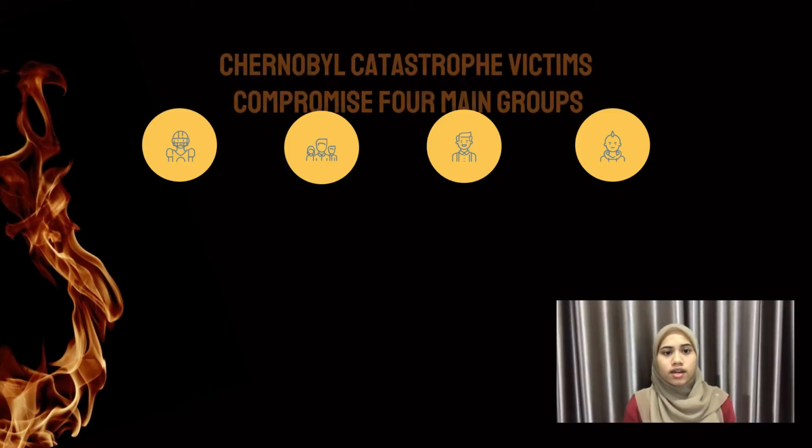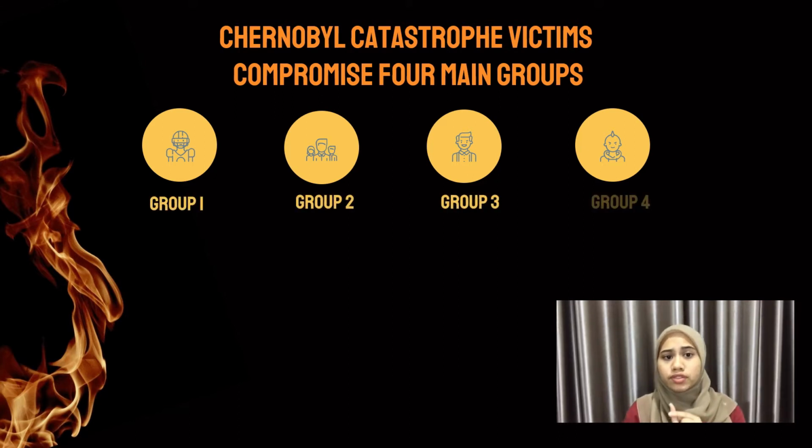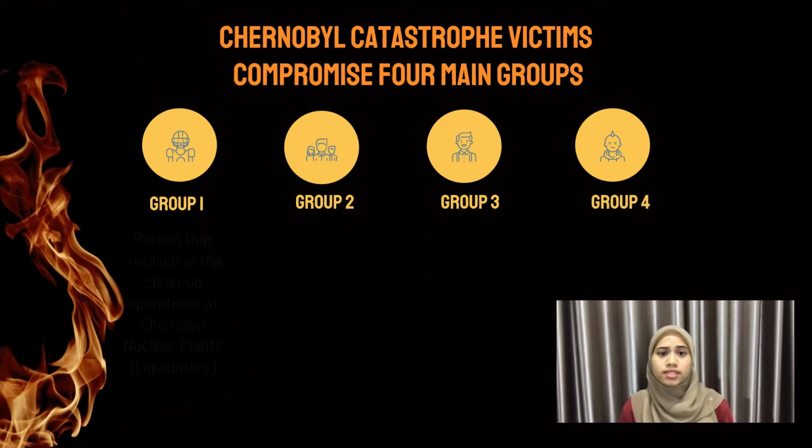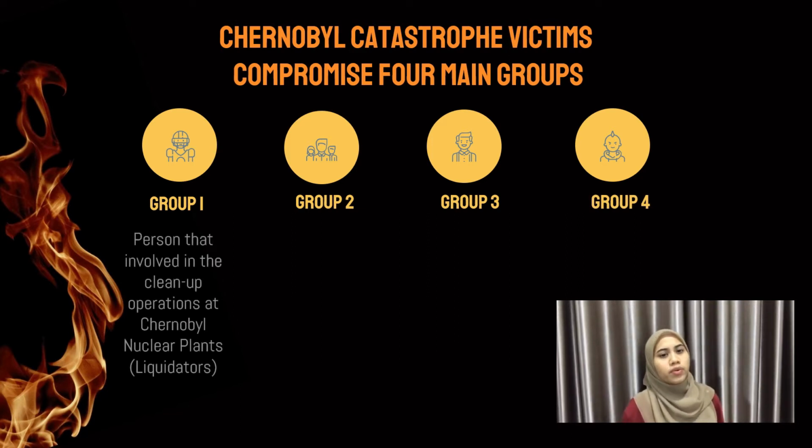Basically, there are 4 groups of Chernobyl catastrophe victims. The first group was the persons involved in the cleanup operation at the Chernobyl nuclear plant, who are called liquidators.